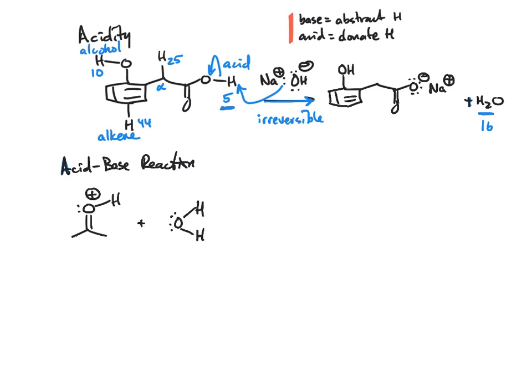We'll do it right the first time, and then I'll show you some very common mistakes the second time. So let me say, this is the acid, this is the base. The base is abstracting the proton. The oxygen is plus. That oxygen wants to be neutral, so it needs another lone pair. So this lone pair here is going to abstract that.